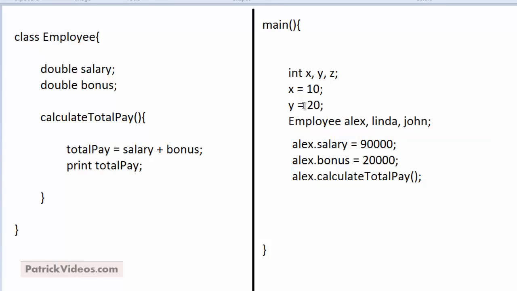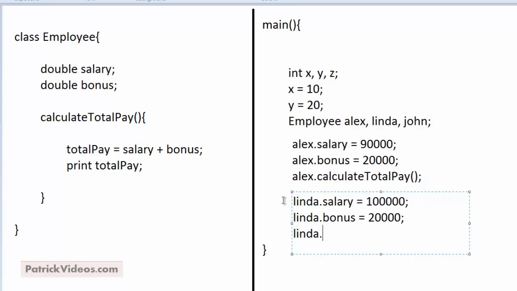Same way for Linda, Linda is a type of employee, so Linda will have access to her own salary, her own bonus, and she can call her own calculate total pay. That is Linda.salary.